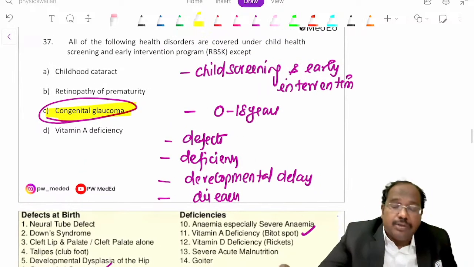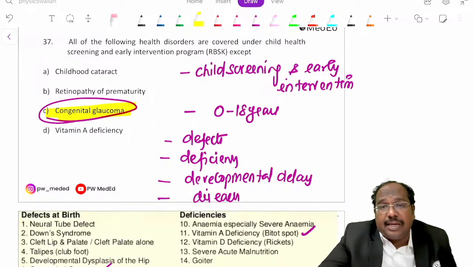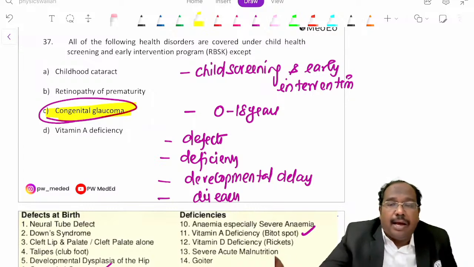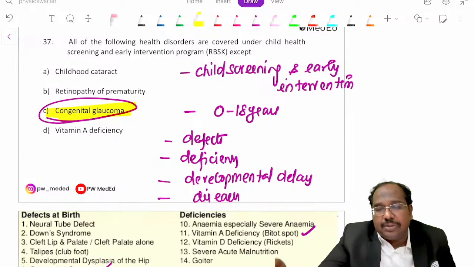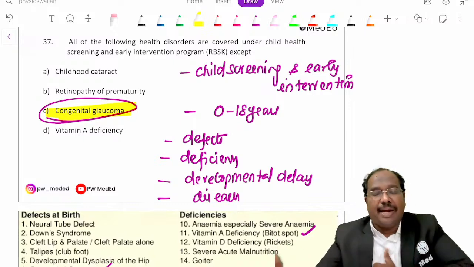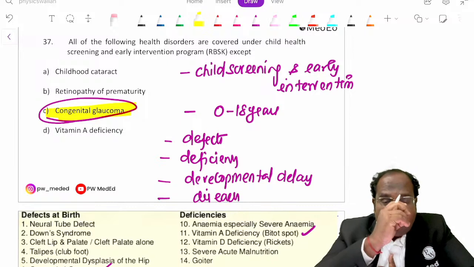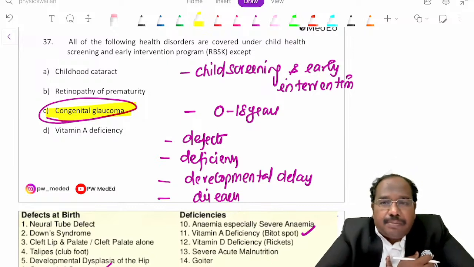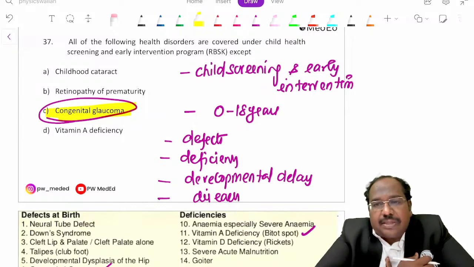So this is RBSK, Rashtriya Bal Swasthya Karyakram. From a program point of view, at birth the existing manpower will screen, wherever the delivery happens. If the delivery happens in a PHC, the medical officer will screen.